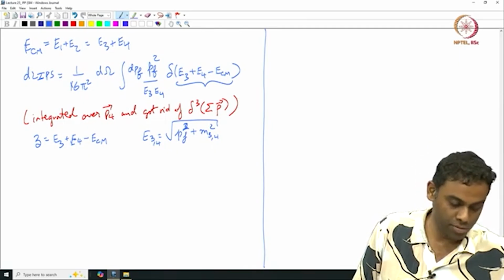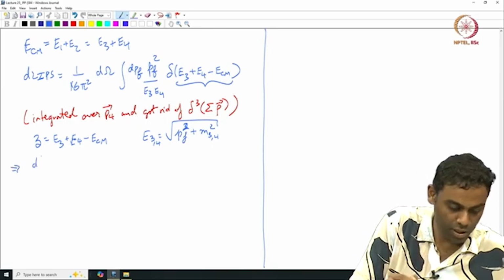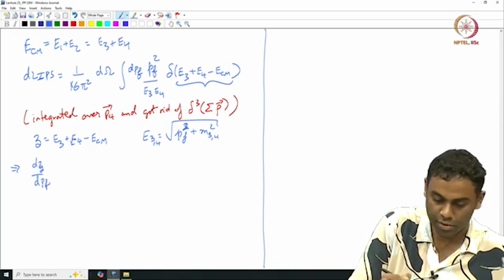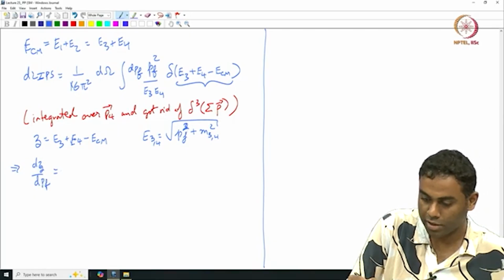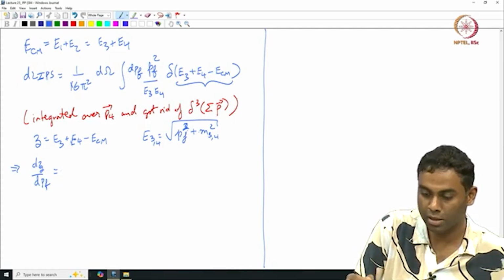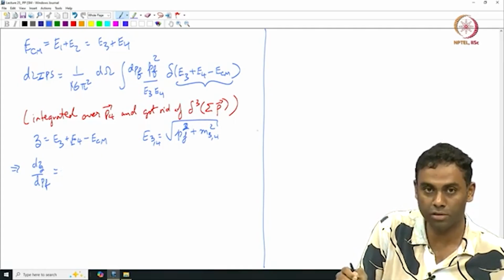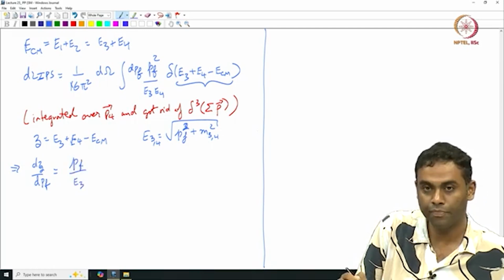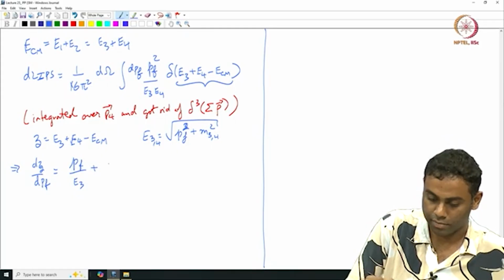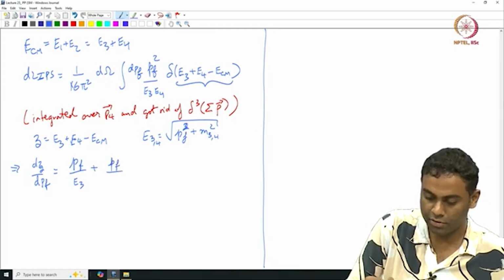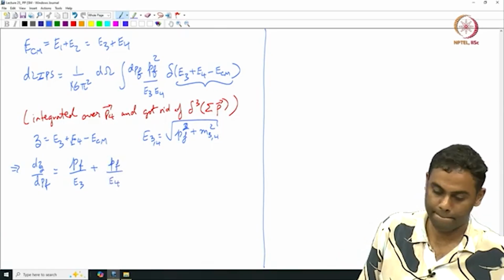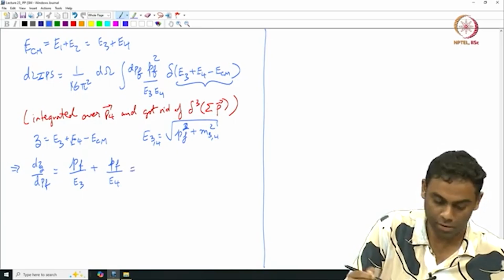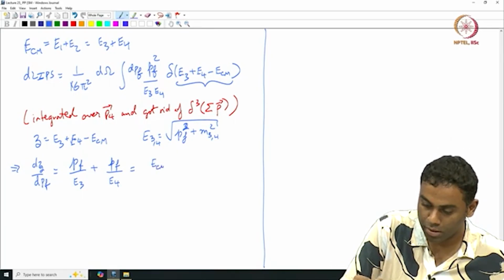So then you will agree with me that this implies dz over dpf is, what happens if I differentiate? I have a 2pf divided by 2 times the square root of this, right? That's nothing but Pf divided by E3 plus Pf divided by E4. That's it, right? Of course, I can simplify this a little bit more.